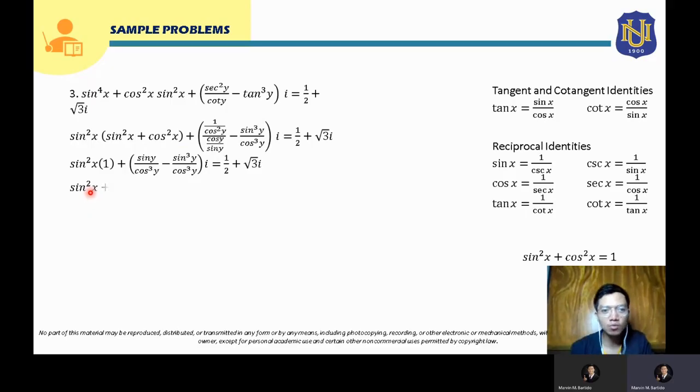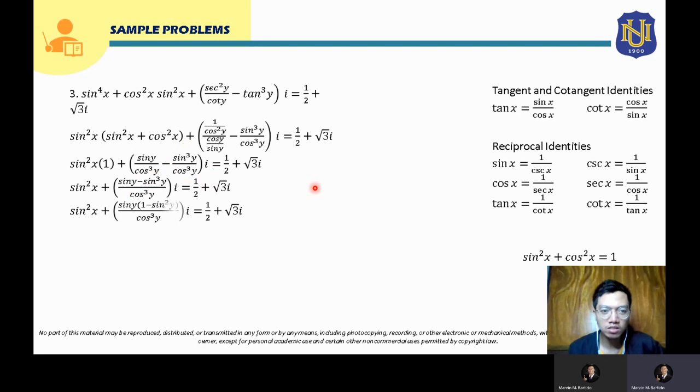From here, we can simplify this further. We know that this will just become sine squared x times 1, and this can be put into a single fraction by getting the common denominator. The common denominator is cosine cube y. So this will become sine y minus sine cube y, times i. Just rewrite the remaining terms here.